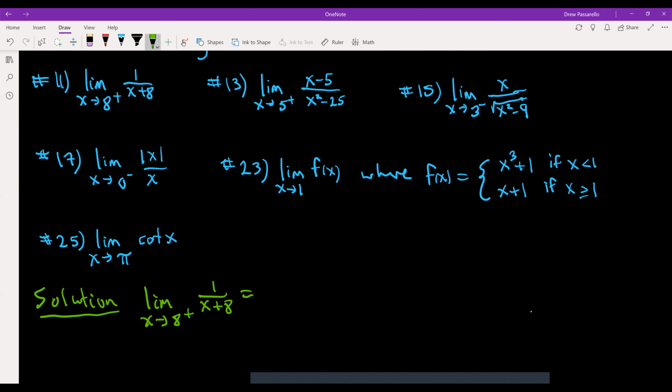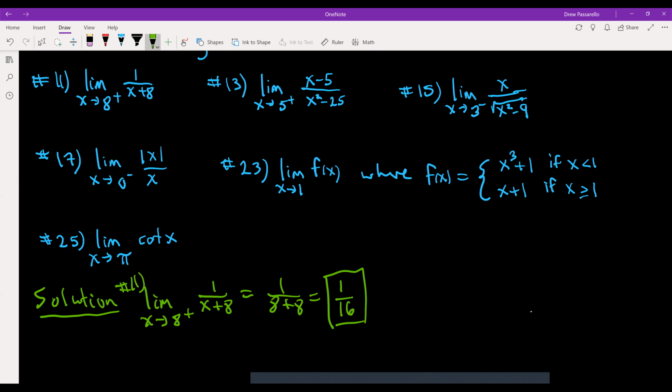So if you plug in 8, just like if it was a regular limit, so this is number 11, plugging in 8 gives 1 over 8 plus 8. So 1 over 16. All right, that's what the limit's going to be as x approaches 8 from the right.